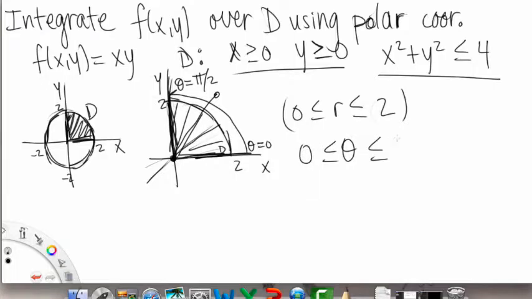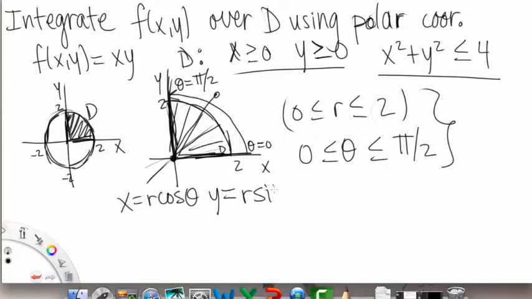So theta goes from 0 to pi over 2. We found the bounds. And we also know that x equals r cosine theta and y equals r sine theta. These are important for plugging into the given function, f of x comma y.